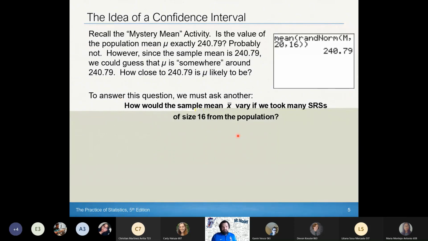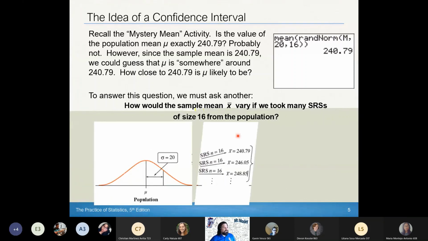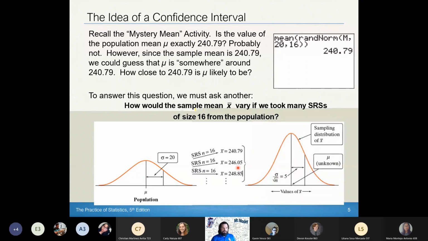We get a distribution for the sample means. So now we're back in chapter 7. We start with our parent population. We take a bunch of different simple random samples of size n equaling 16. We get a bunch of different x bars. We plot those into a distribution for the sampling distribution of x bar. This distribution will be less varied than the population, which will allow us to narrow down where we think mu is.